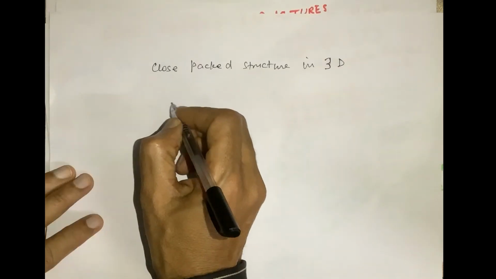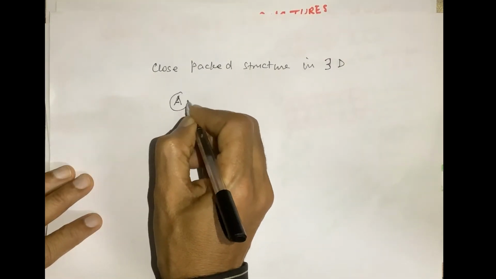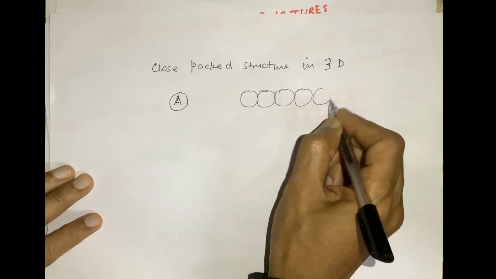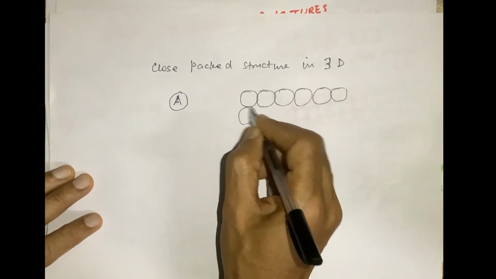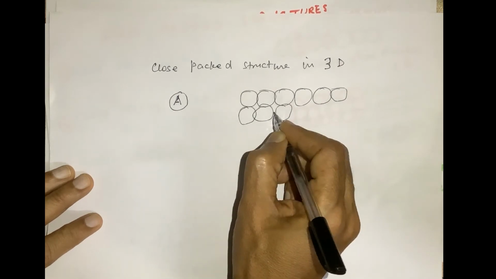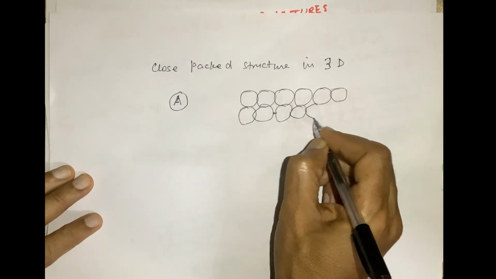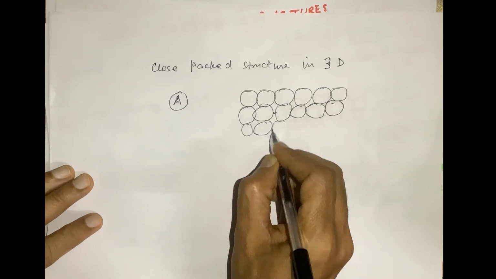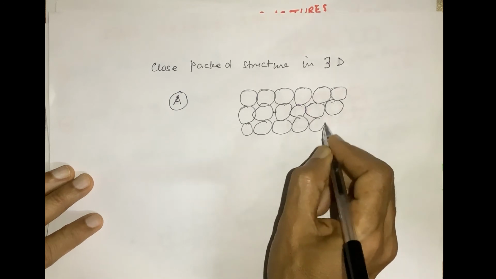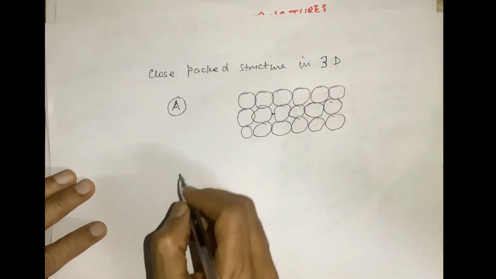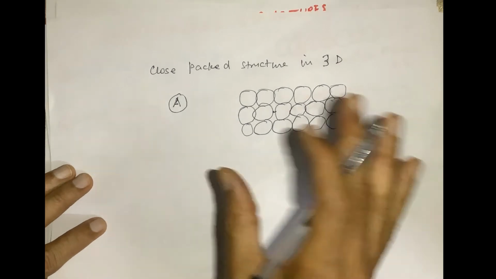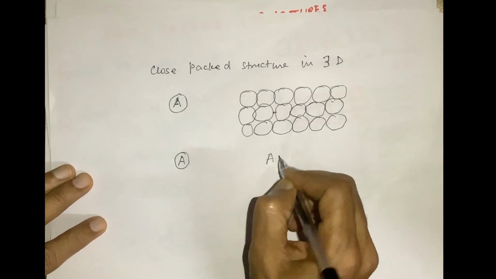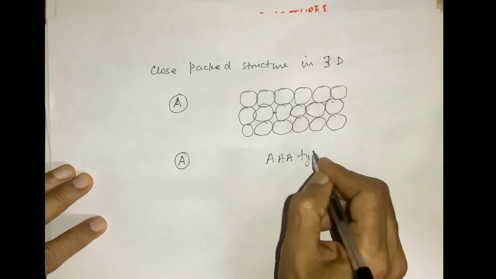Now A type structure, and if the second layer is placed above it, that is also aligning with these, then we say that it is A type structure.